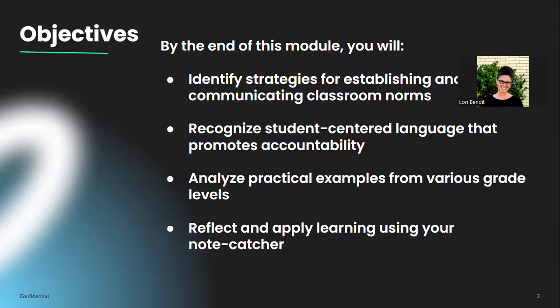As we explore strategies in this module, keep your note catcher nearby. You'll be tracking key ideas and examples to use in your own teaching. Pay attention to how student-centered language, modeling, and routines can set a strong foundation from day one. You'll keep track of your notes with the note catcher that's provided on Canvas.